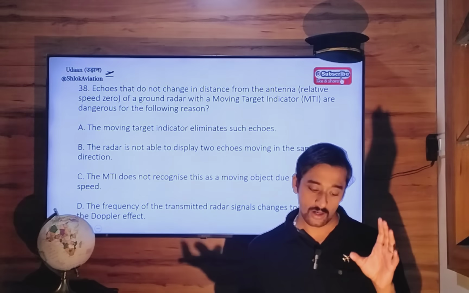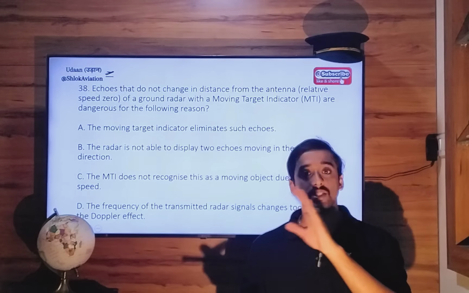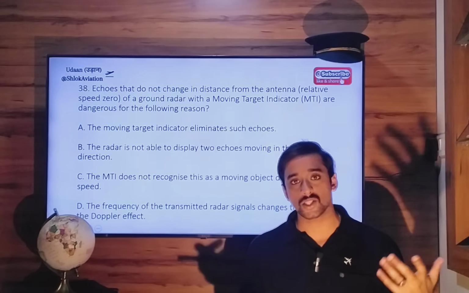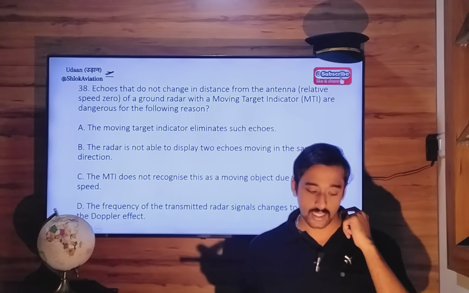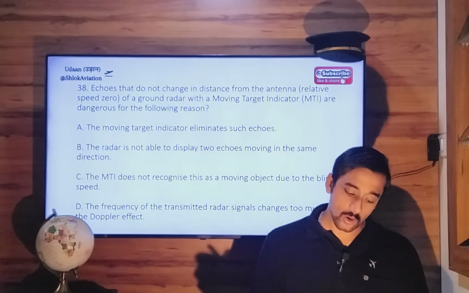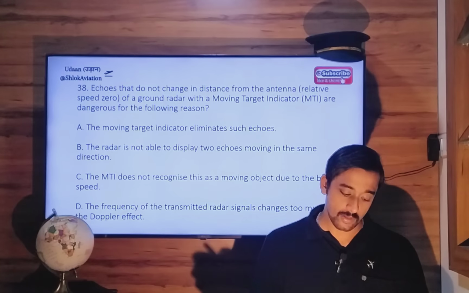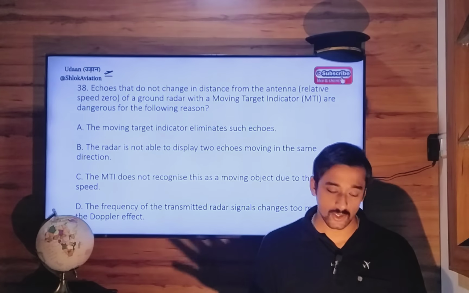That's why the reflections coming from these fixed objects will remain the same. They won't change in distance, right? So echoes that do not change in distance from the antenna mean the relative speed is zero. They are fixed in space.